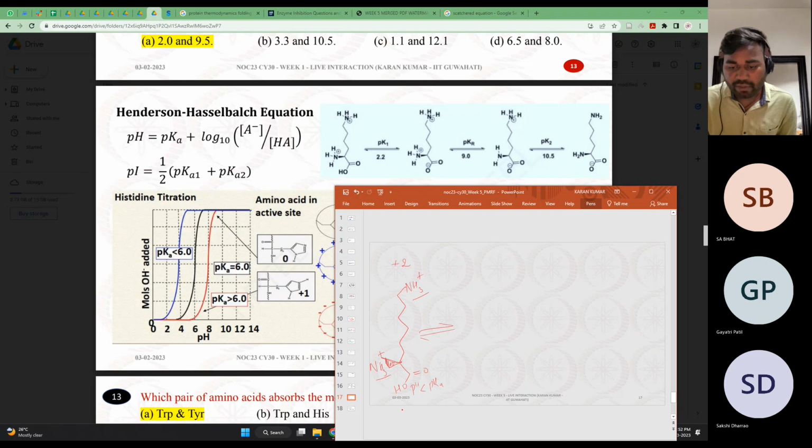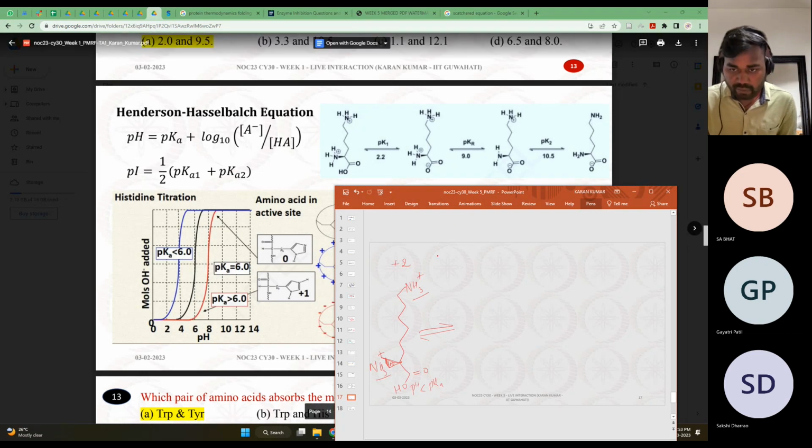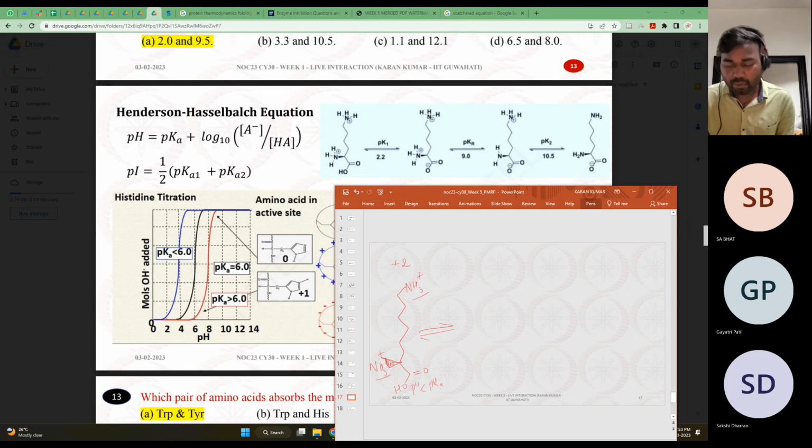Now let's get to the point where this alpha carboxylic first, when you are increasing the pH, which group will lose its proton first, amino group or carboxylic group? If you are ranking the losing proton trend, then the first thing that will lose its proton will be the alpha carboxylic group.